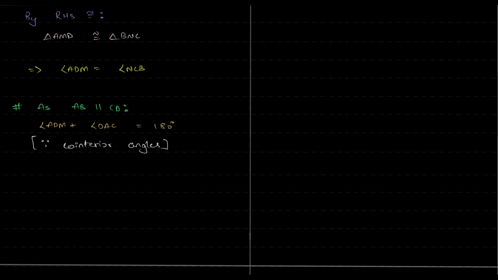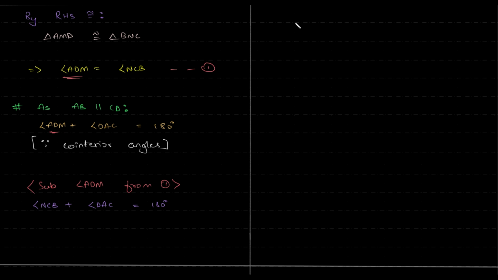And the next step is we're going to substitute, say 1 over here, in place of ADM we're going to substitute NCB, and these two angles are opposite angles and they are adding to 180 degrees. So on substituting angle ADM from 1, right, what is happening over here? This will turn out to be angle NCB plus angle DAC, which is equal to 180 degrees, right?